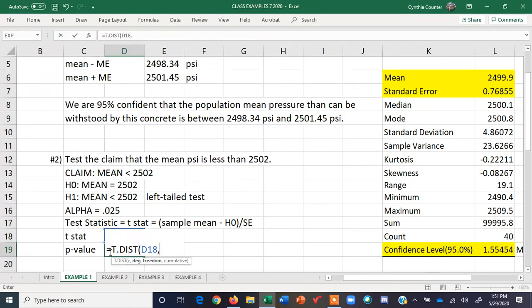The t-distribution takes into account that smaller sample sizes have more variation, so it has to use degrees of freedom to account for that. Degrees of freedom are one less than the sample size, so our degrees of freedom is 39. And whenever we're computing p-values, the cumulative is true. So look here, we have 0.00462, which is indeed less than alpha.